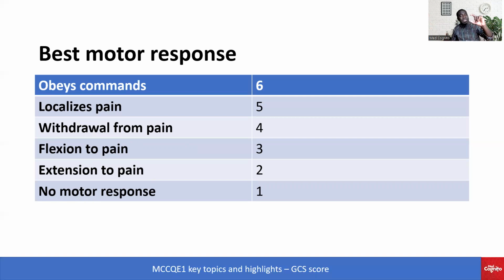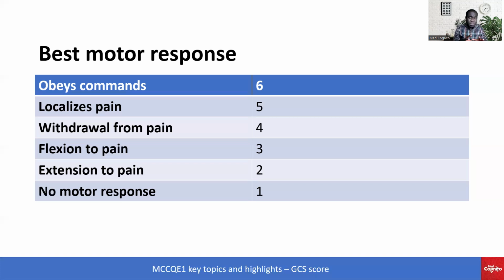Now, look at the next one. If the patient flexes to pain, usually they call it abnormal flexion to pain. So that is 3. If the patient extends to pain, so you're applying the pain, but the patient is rather extending away, and it is not a typical withdrawal, but it is an abnormal extension, it is 2. And if there is no motor response, it is 1.